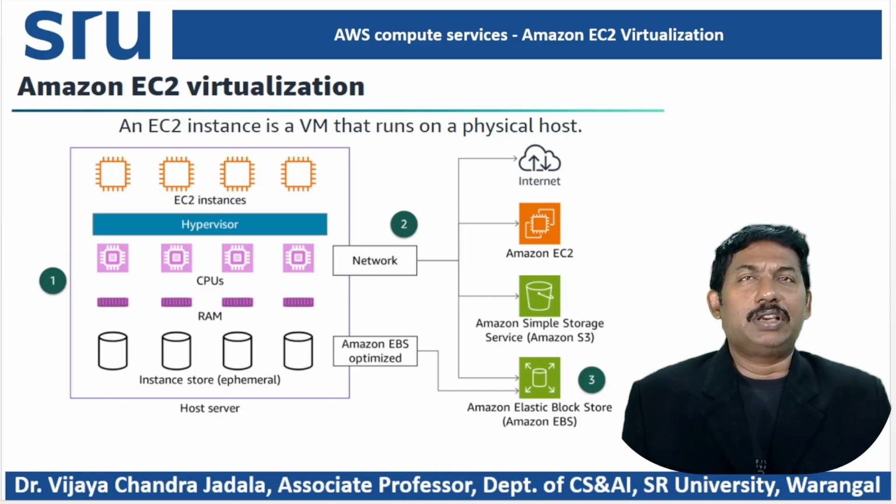When we consider this as Amazon EC2 virtualization concepts, you can understand that in Amazon EC2 virtualization, the EC2 resource instances are used, whereas these instances are connected to the CPUs, memories as well as storage devices, which are totally connected through the internet.